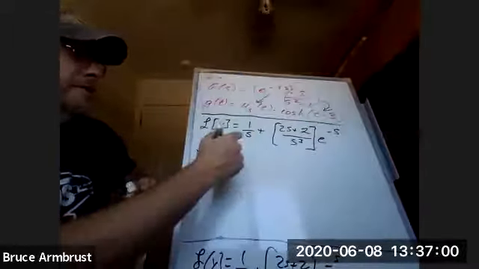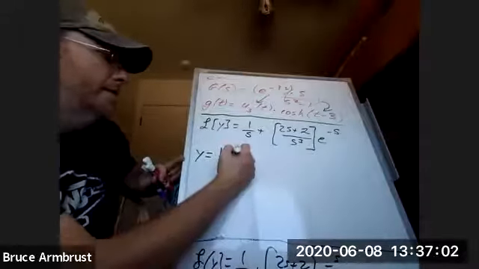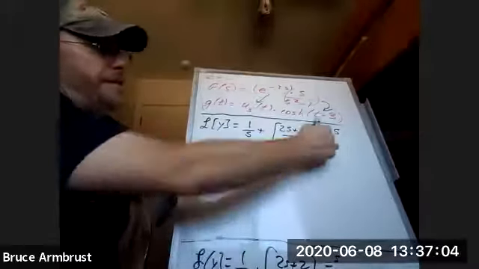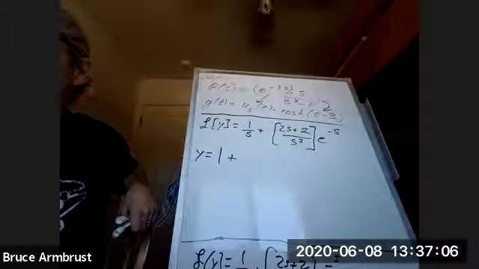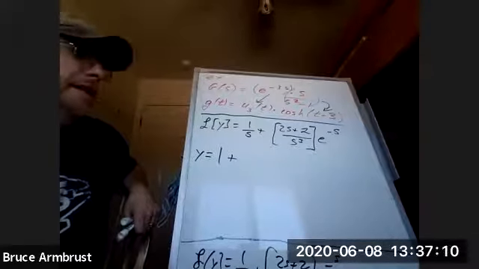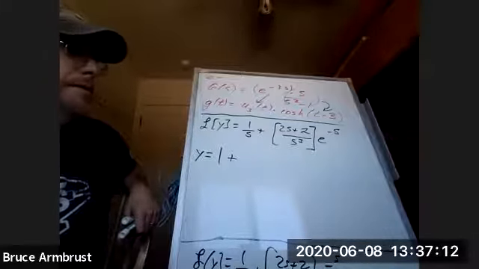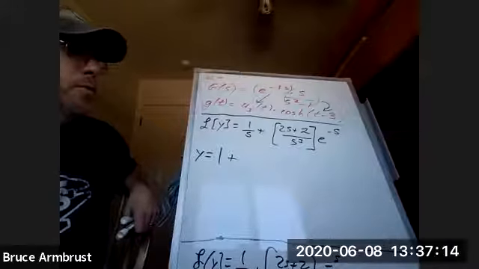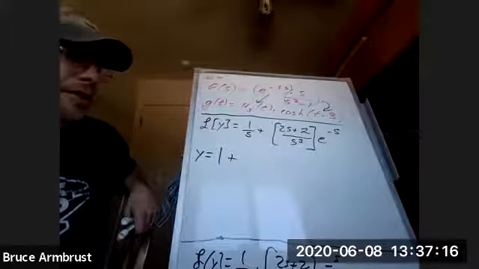Now, the other part, you notice that there's an e to the minus s. So that e to the minus s tells me I need a step function. Where do I need that step function to turn on? What's c?